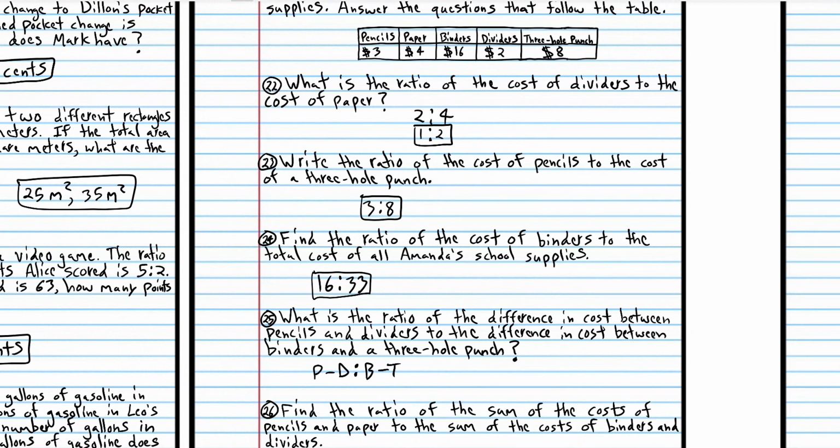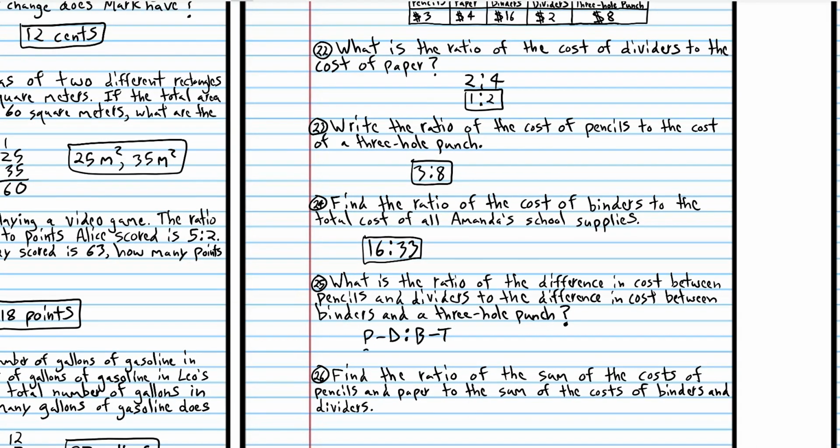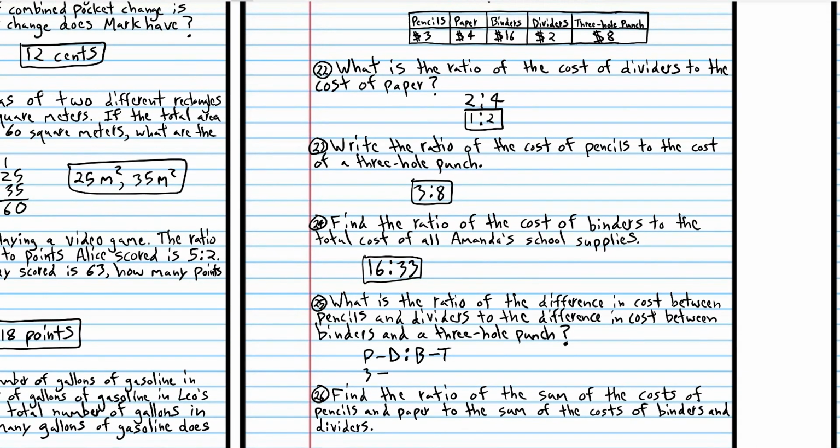So we go up here and say pencils, $3. Dividers, $2. Binder is 16, and 3-hole punch is 8. So 3 minus 2 is 1, and 16 minus 8 is 8. So that's the ratio of the difference in cost between pencils and dividers to the difference in cost between binders and a 3-hole punch.